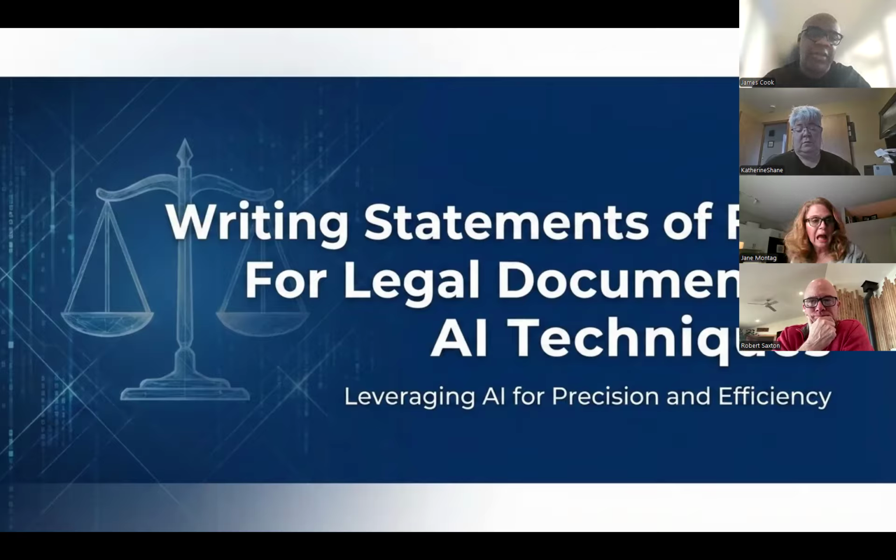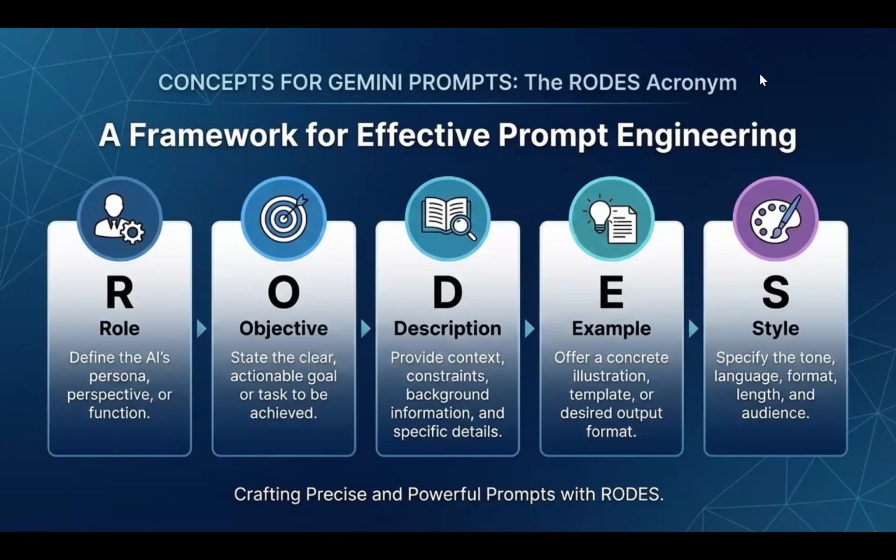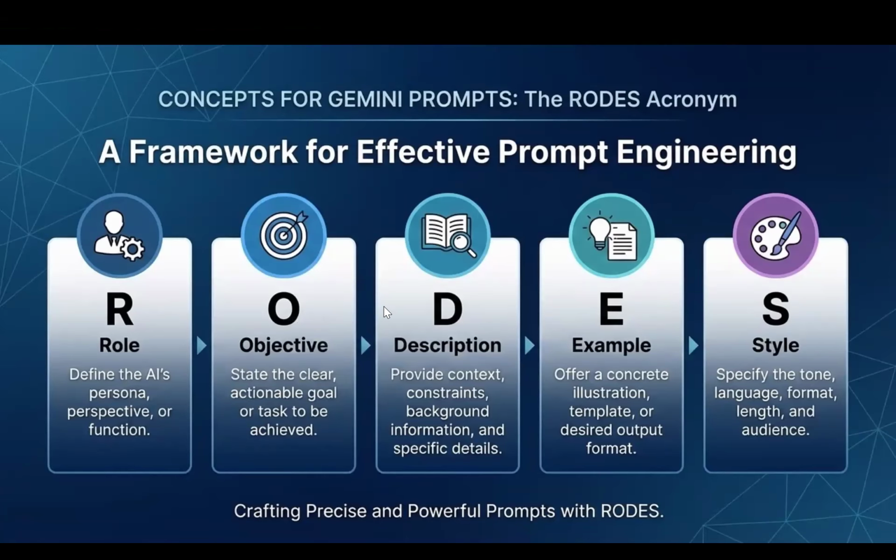So start here and then work your way out. And as the lawyers and the law students edit, we'll get you to what you need to have. Okay. So again, we're going to talk about prompt engineering for AI, right?